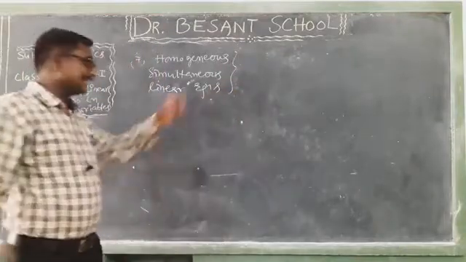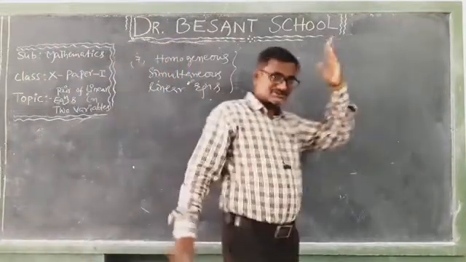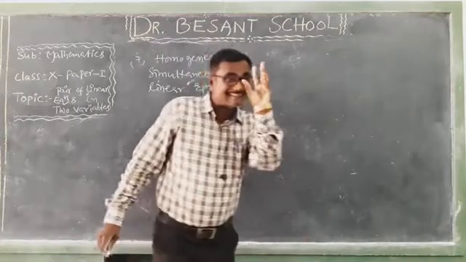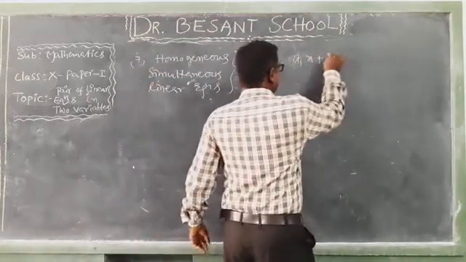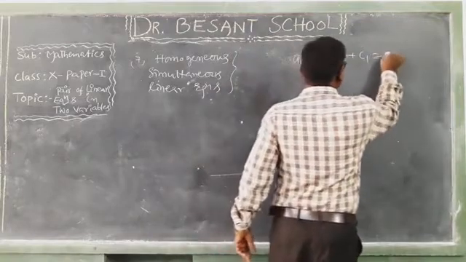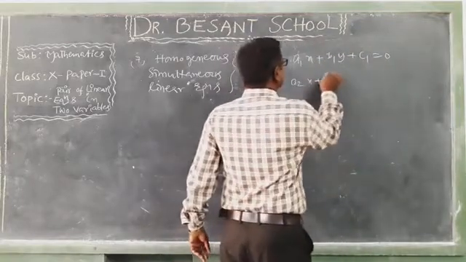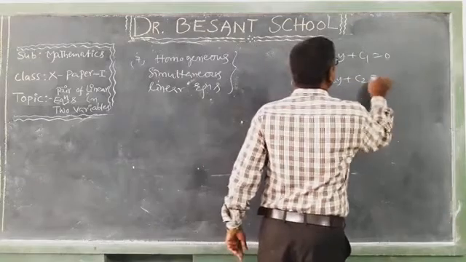In the given system of pair of linear equations in two variables, we have the standard form of linear equations in two variables, which I have written previously: a1x plus b1y plus c1 is equal to 0, and a2x plus b2y plus c2 is equal to 0.